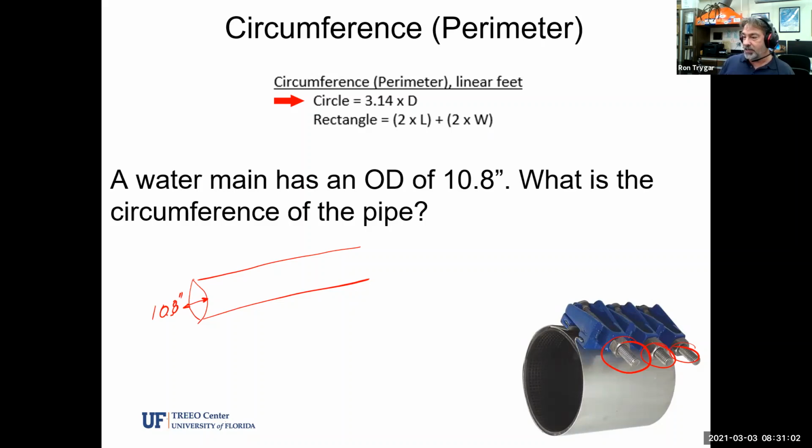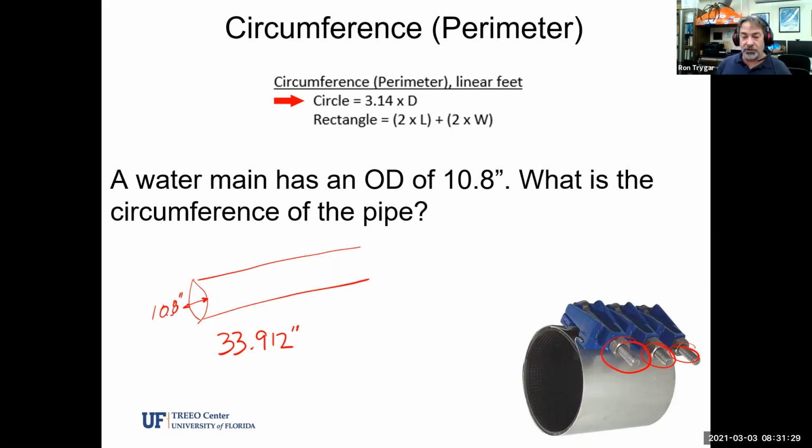In this particular case, we're using a clamp, and we want to know how many inches around the distance is. So what's the circumference? We're going to use 3.14 and multiply that by the inches in diameter. I got 10.8. And so for my outside diameter circumference, I have 33.912 inches of circumference.